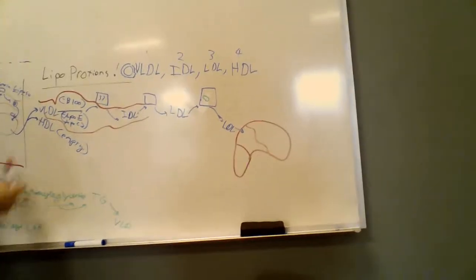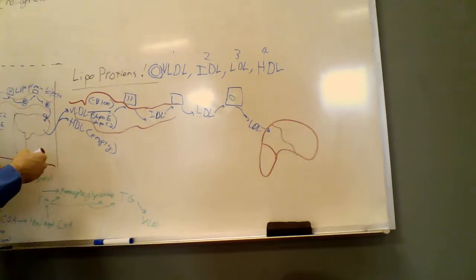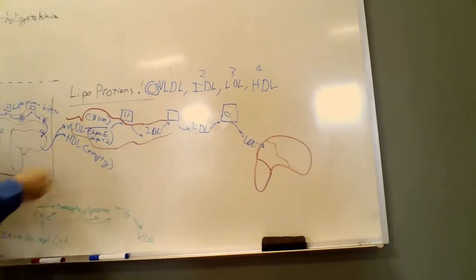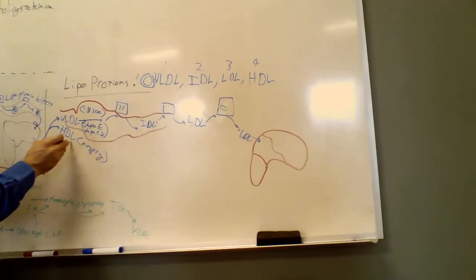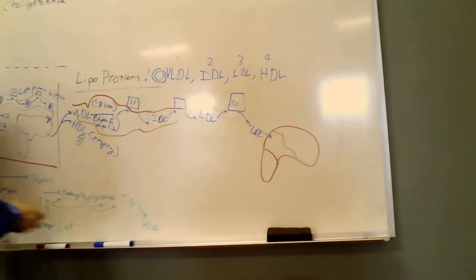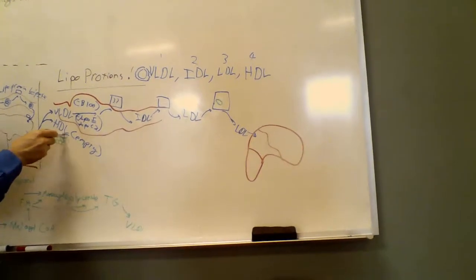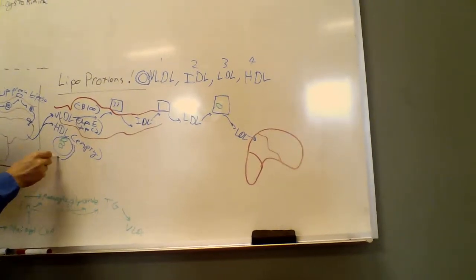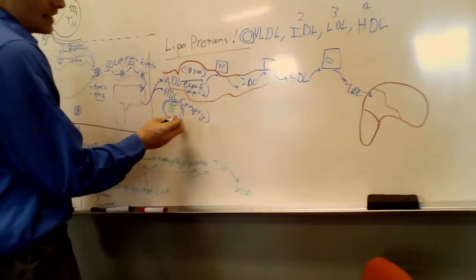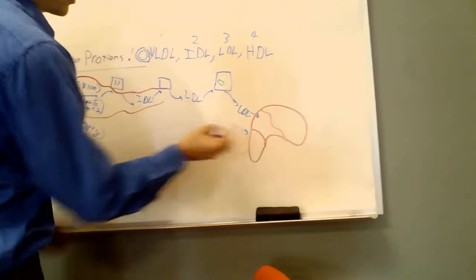So HDL is going to do the opposite of LDL. It doesn't deposit cholesterol, it picks it up. Okay? And so it gets more and more cholesterol. This is HDL here. So it keeps picking up cholesterol where it isn't needed anymore, and then it takes it back to the liver as well.